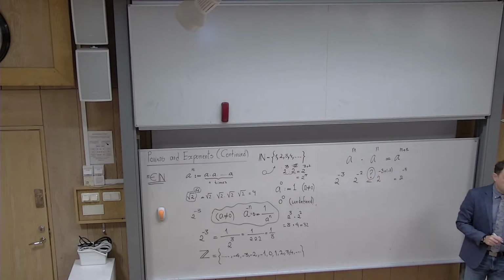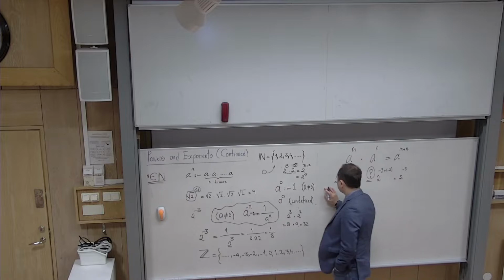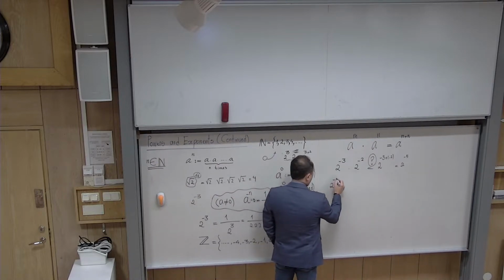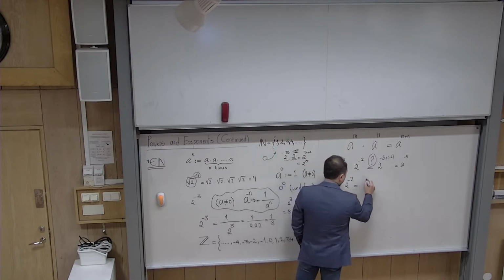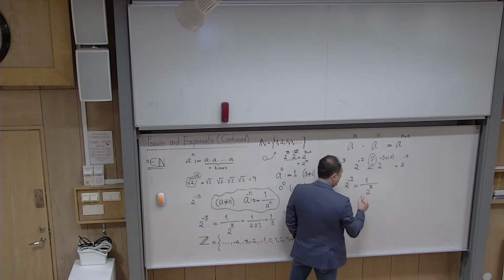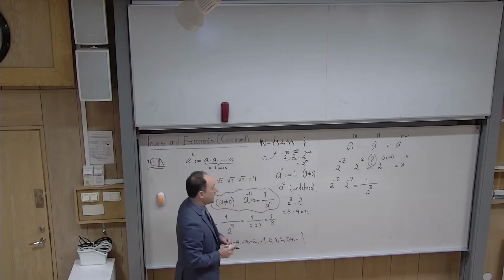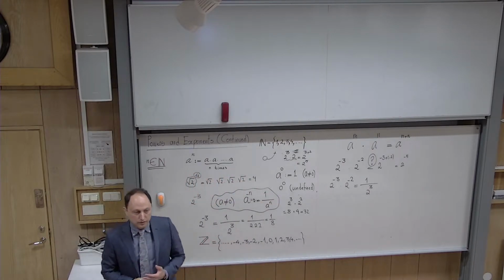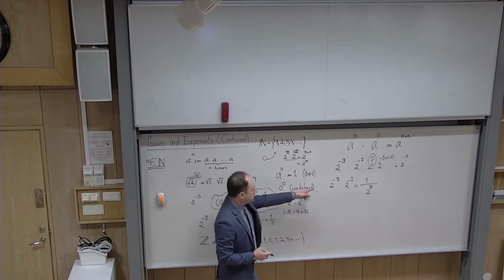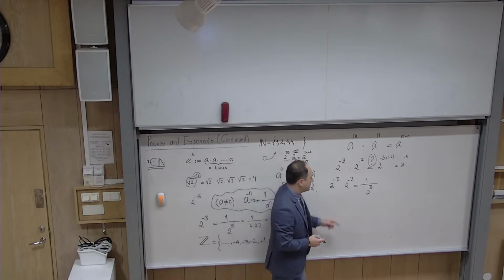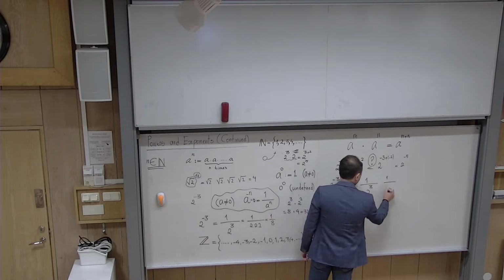We will see yes, this is valid. Why? Because 2 to the power of minus 3 times 2 to the power minus 2 can be written as 1 over 2 to the power 3. Because if someone asks you what is the meaning of 2 to the power minus 3, I just defined it here for you. So instead of this one, I write that. But instead of this one, I write this.